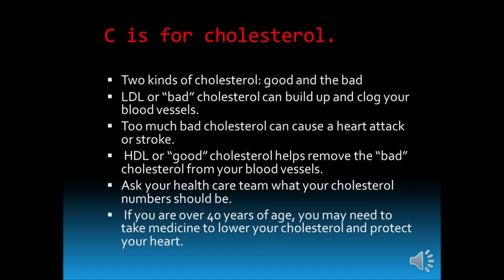LDL, or the bad cholesterol, can build up and clog your blood vessels. Too much bad cholesterol can cause a heart attack or stroke. HDL, or good cholesterol, helps remove the bad ones from your blood vessels. Ask your healthcare team what your cholesterol number should be.